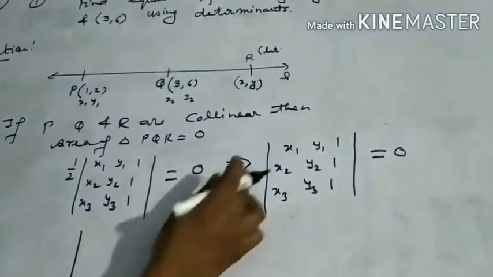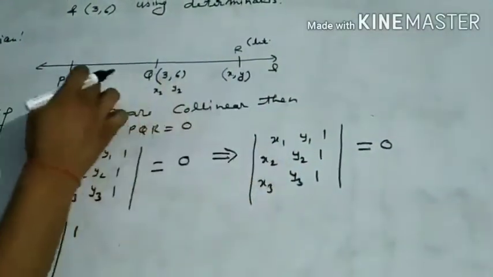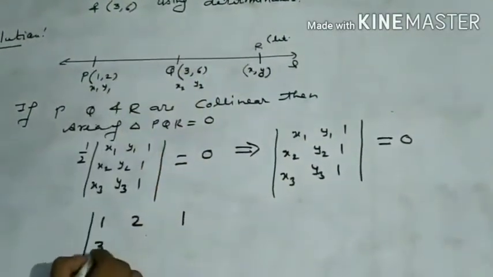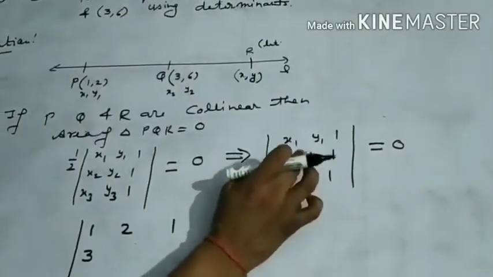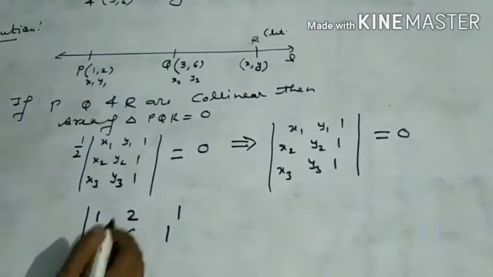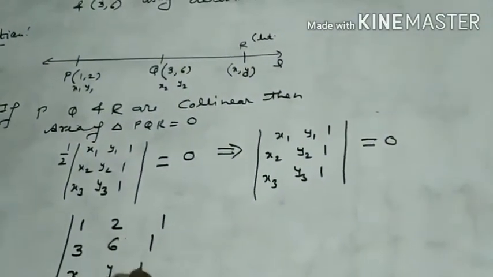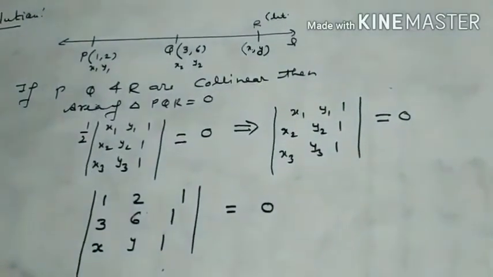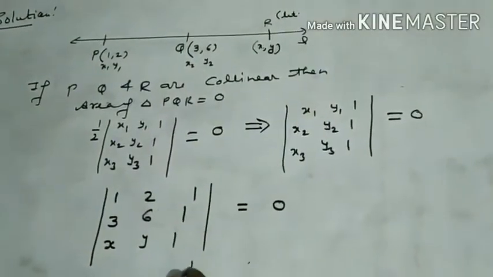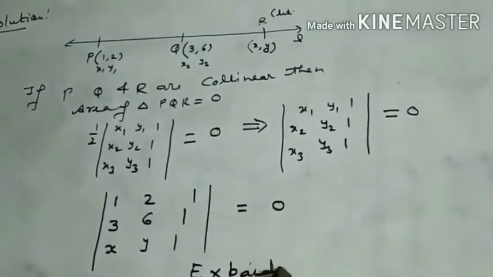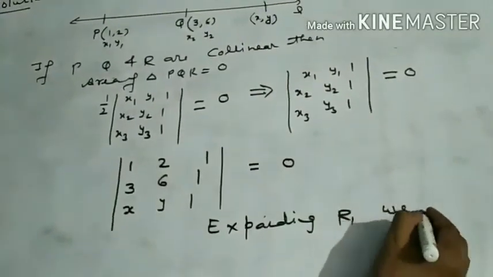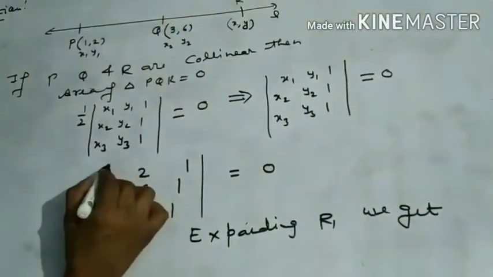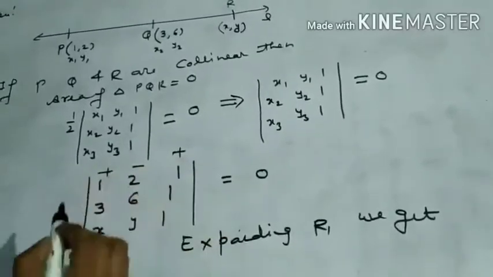Now after that, x1 is 1, and y1 is 2, and then 1; x2 is 3, and then y2 is 6, and then 1; and x3 we assumed x, y, and 1, this is equal to 0. Now expanding along R1, we make the signs plus, minus, plus.